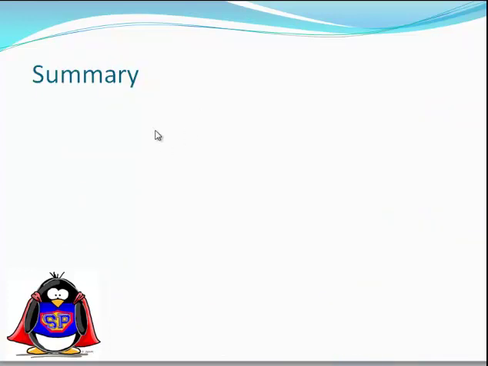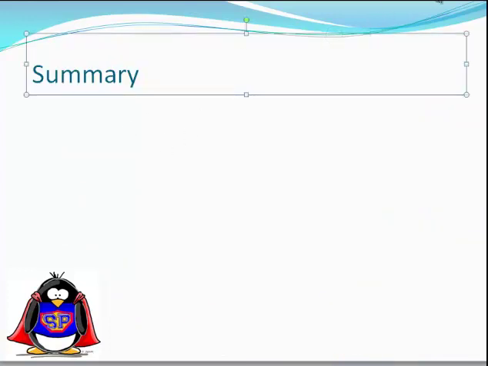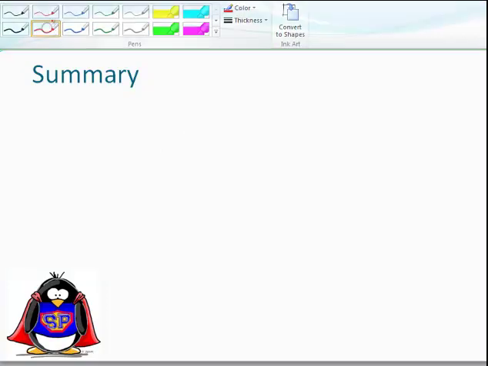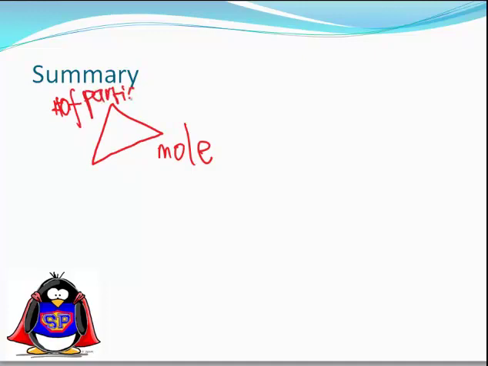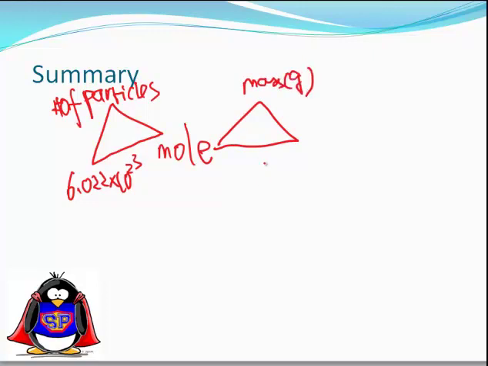So in summary, here we continue the discussion with the mole. Remember, we have this triangle, with the number of particles, and this is 6.022 times 10 to the 23rd. On this particular triangle, it will be mass in grams, and this is also the molar mass in grams.